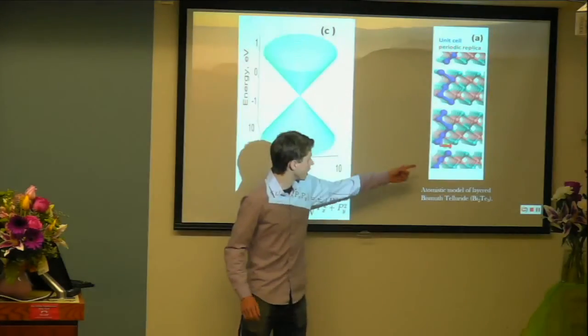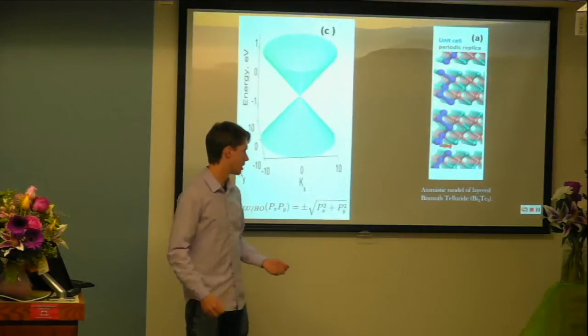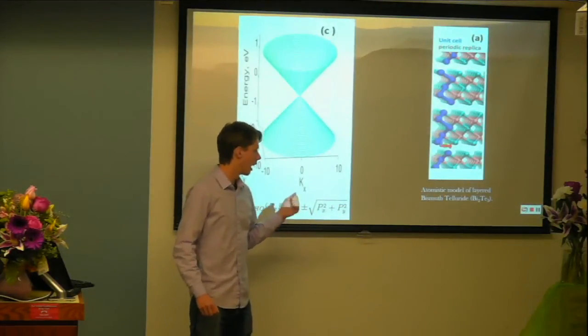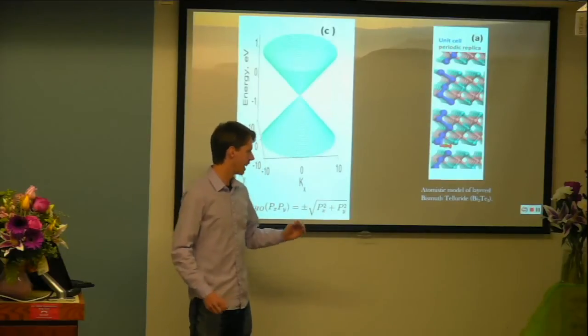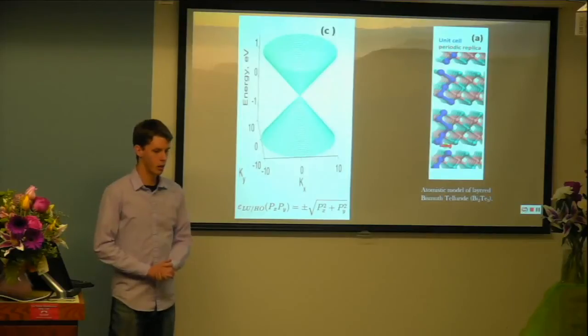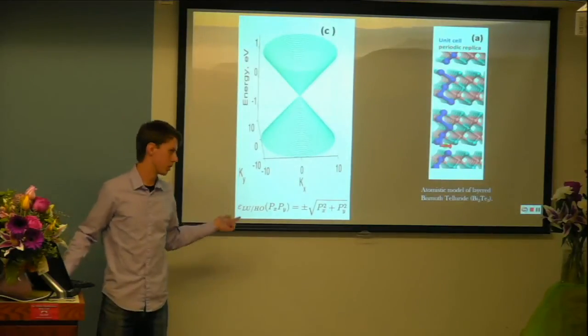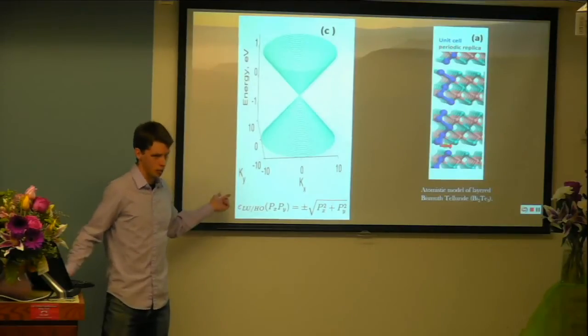And then this over here is a material that this could be researched upon. This is a model of layered bismuth telluride, and it's just one of the lattices of that. And so this is something that the experimentation done could be done upon.